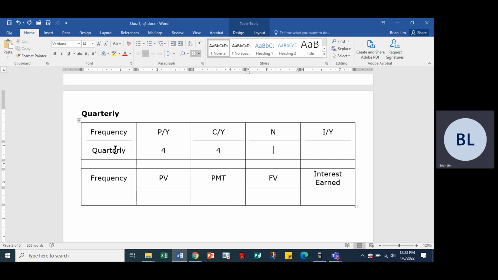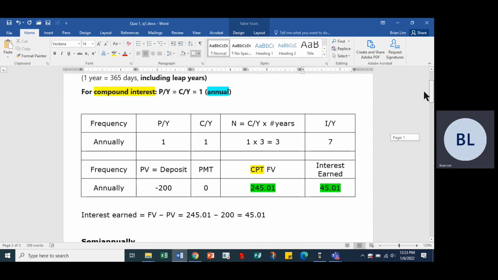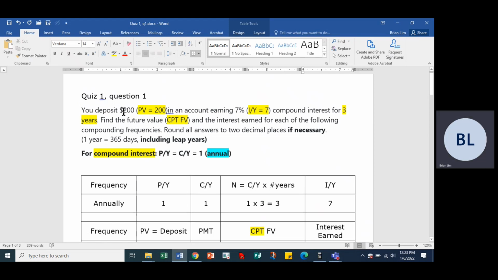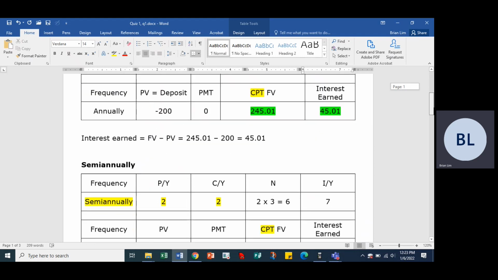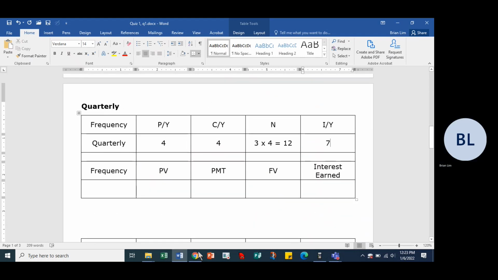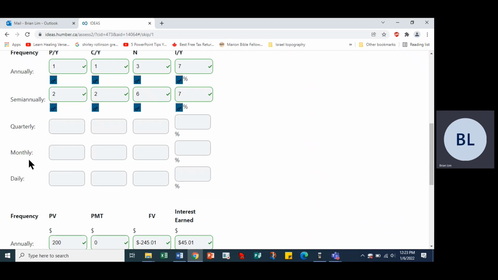Now it's for 3 years, remember, so it's 3 times 4, that would be equal to 12, but we know that the calculator will do that very readily for us. Now the interest rate was indeed 7%, in case you forgot. It's right up here. Okay, so the deposit was $200, interest rate 7%, and it was for 3 years. And then the compounding frequencies were changing as was seen on this column.